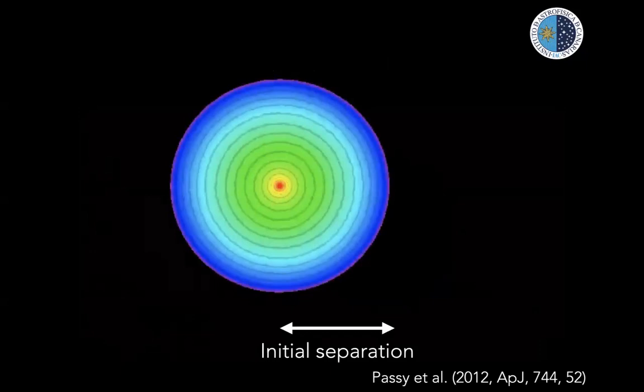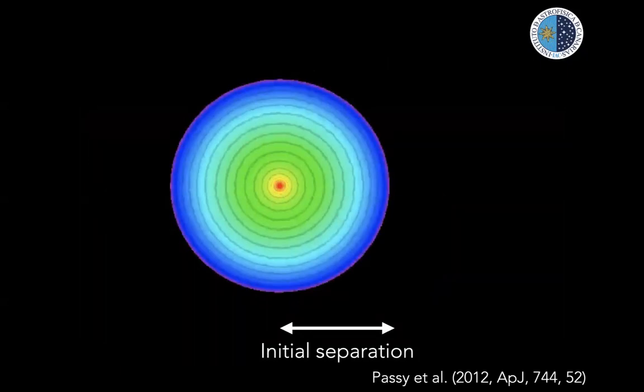And one thing that I want to highlight, because we'll come back to it again later, is that the beginning of this simulation places the companion, the secondary star, right on the edge of the giant star's envelope. Okay, so that's how we begin the simulation, basically artificially forcing the common envelope to begin.